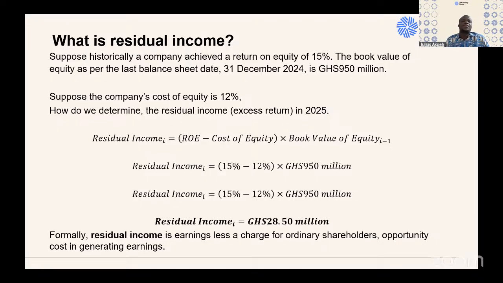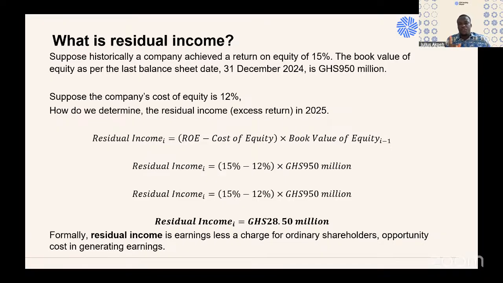So the last balance sheet date was 31 December 2024, and the total equity as per that balance sheet was 950 million. Now, suppose the company's cost of equity is 12%, or in other words, the minimum return investors expect from the company is 12%. Then how do we determine the residual income, which is excess return, in 2025?